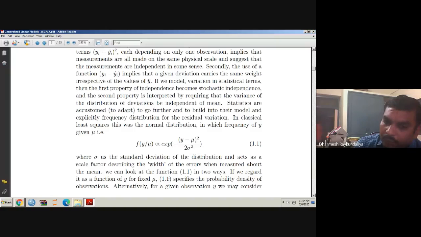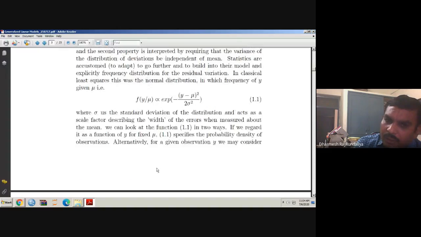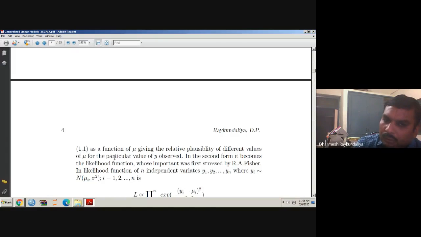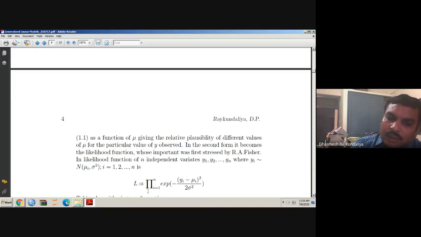Alternatively, for a given value of y, suppose y is fixed, and we consider it as a function of mu, then it is the concept of the likelihood function, which was given by Professor R.A. Fisher. So when it is a function of mu given a value of y, then it is a likelihood function.